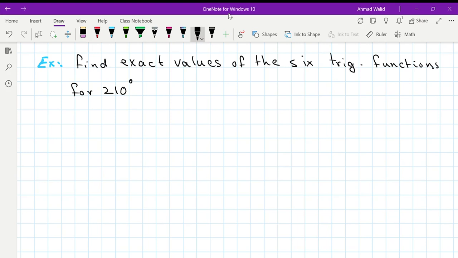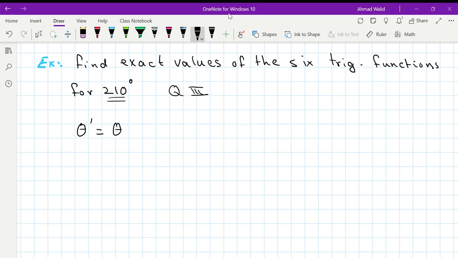You see, we don't know what the trig functions are for 210 degrees, but I can see 210 is greater than 180 but less than 270, right? It means 210 is in which quadrant? 210 is in quadrant number 3. Then my theta prime equals, what was the rule?